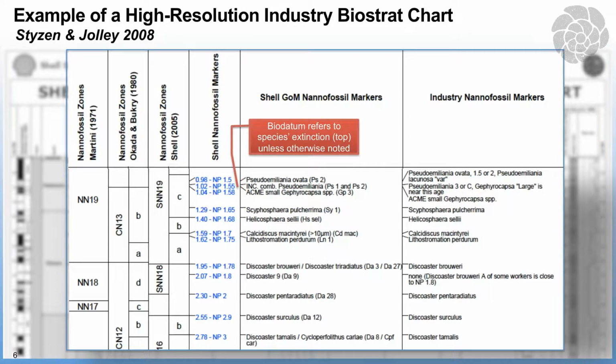And the point really to make on here is just to show the resolution that has been developed and is necessary to apply in these wells, where traditional nanofossil zones just wouldn't give us the resolution that may be necessary for understanding the stratigraphic section we're in.